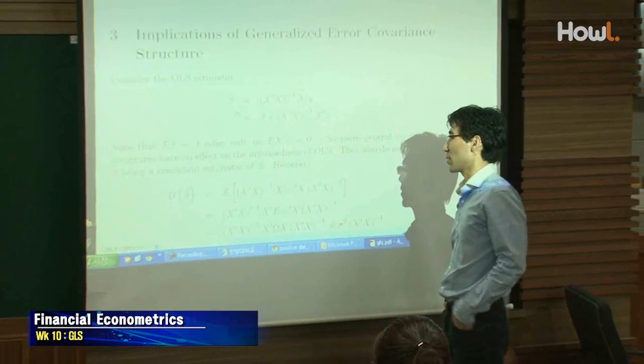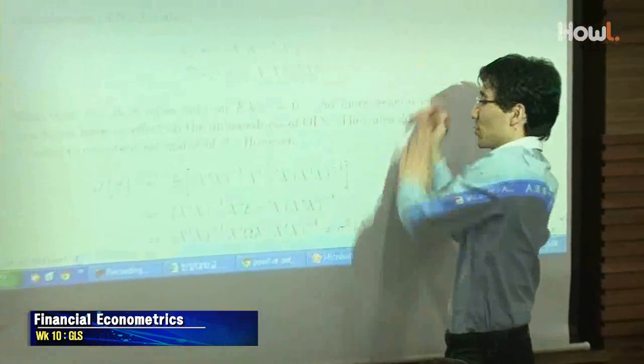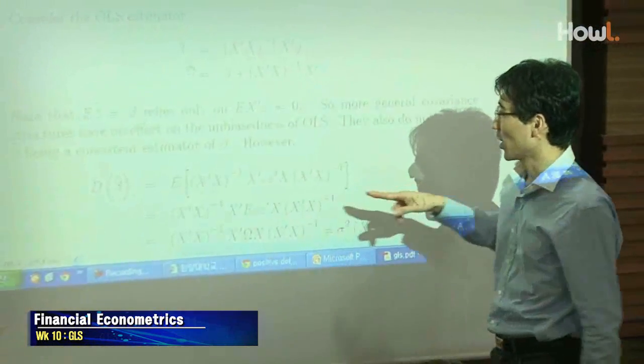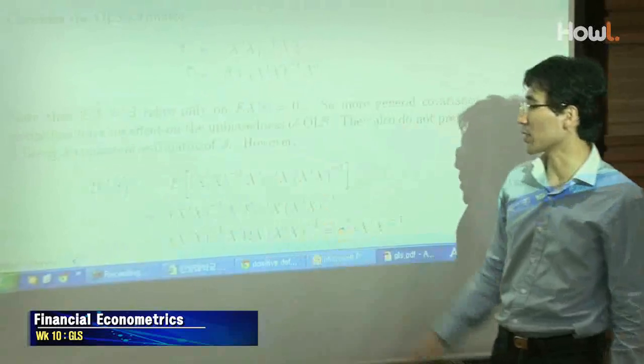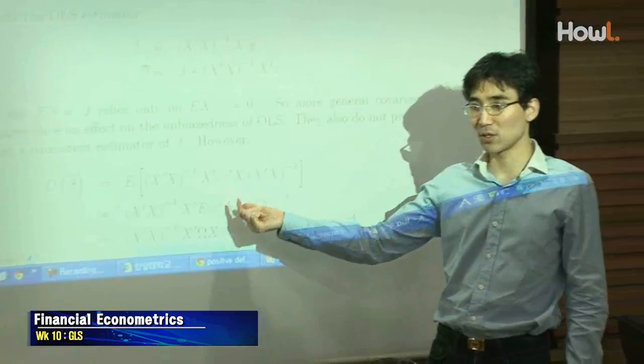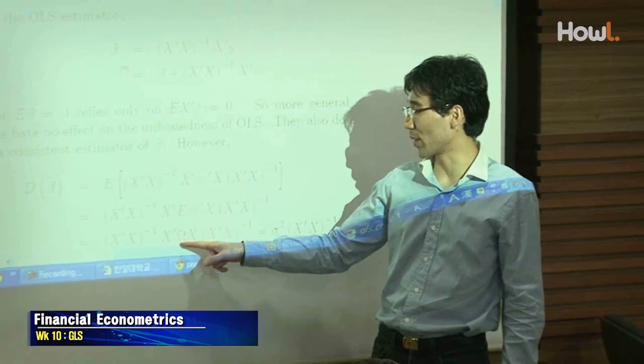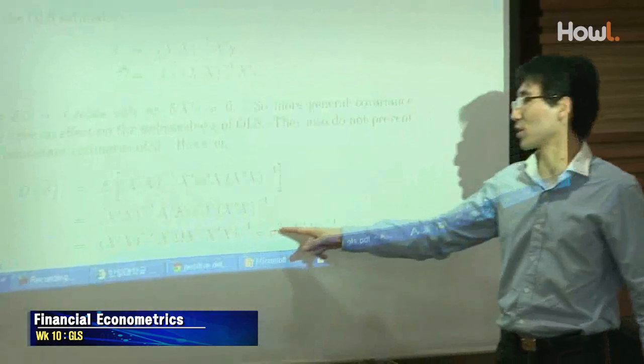It is determined by this part multiplied by the transpose of this part, and since we regard the X terms as constant, we put the expected value in the middle. We know that epsilon epsilon prime is omega, so this one looks like this.